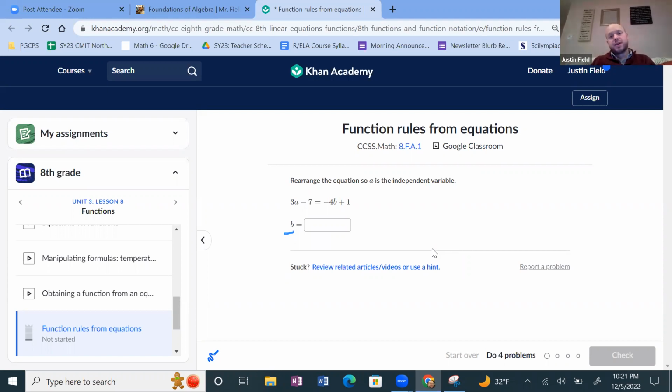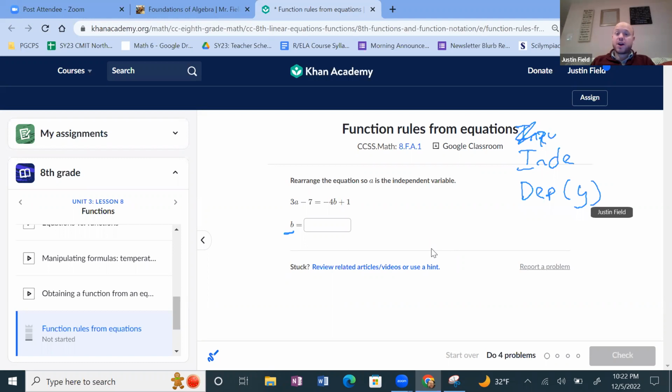I forgot. All right, go back to your list with the input and the output and the x and the y and the domain and range, and add one more thing. Independent variable and dependent variable.